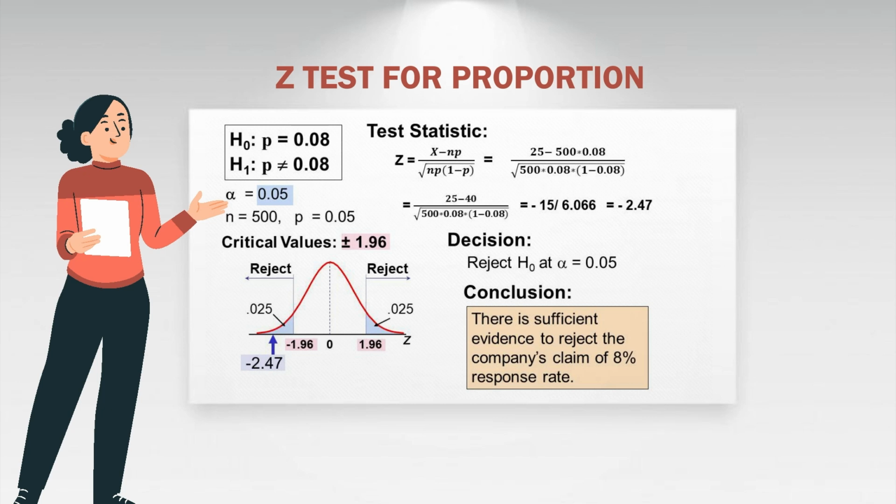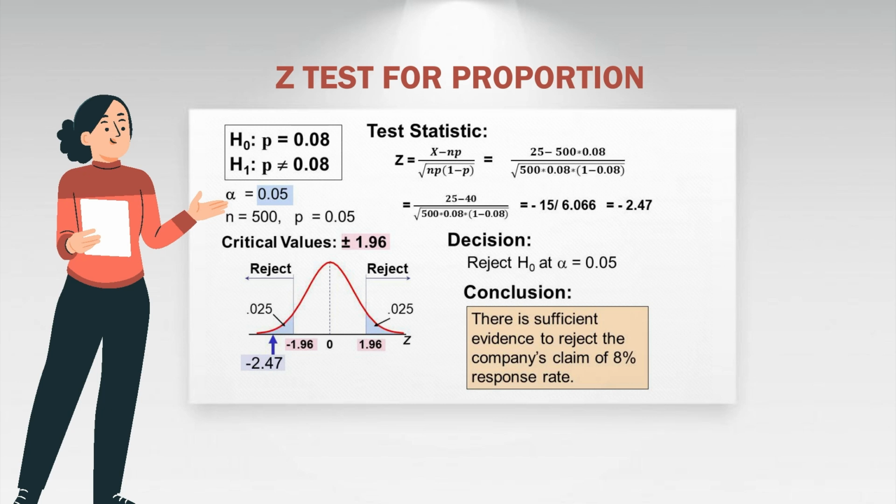So X is 25. Now we apply the Z test in terms of X, the number of successes. The Z test, as I said earlier, is given by X minus nP divided by square root of n into P into 1 minus P. So we compute this quantity assuming the null hypothesis is true.